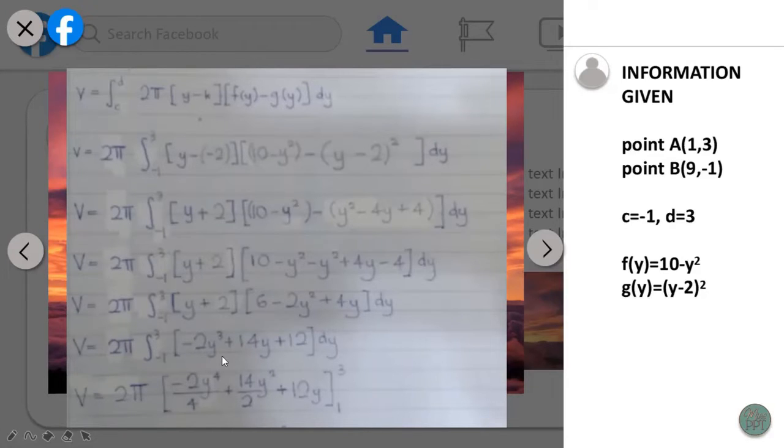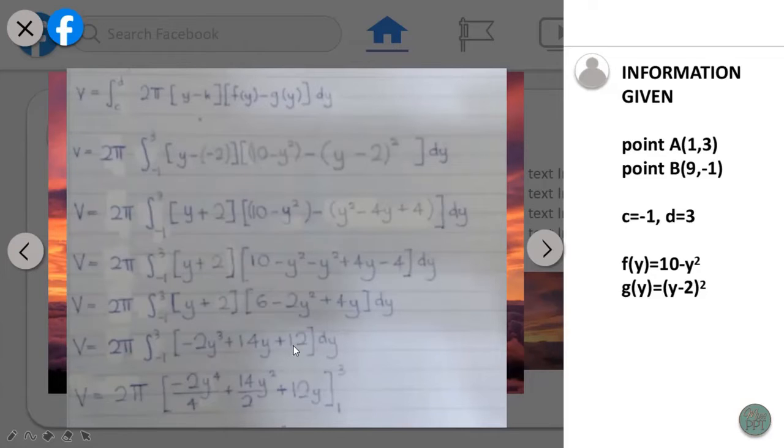And then we integrate this equation. Negative 2y cubed will become negative 2y to the power of 4 over 4. And then 14y will become 14y squared over 2.